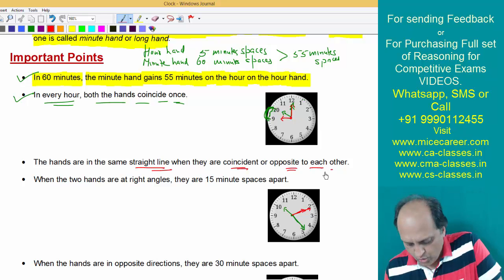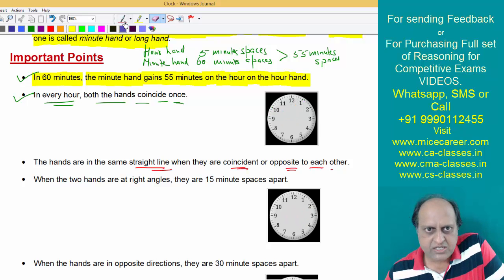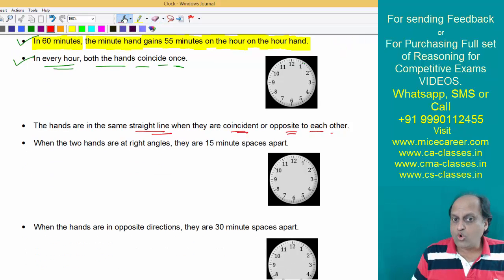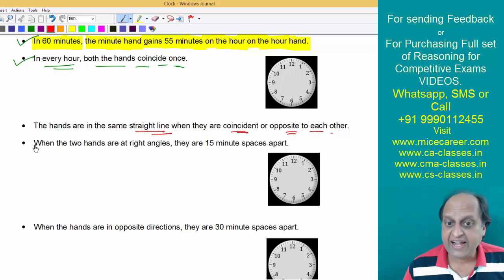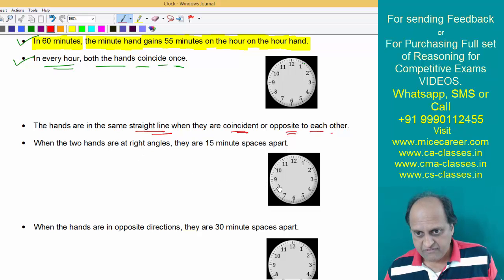They are coinciding with each other. Is it clear? I am trying my level best to make you understand each and every aspect. When the two hands are at right angle, remember they are 15 minute spaces apart.